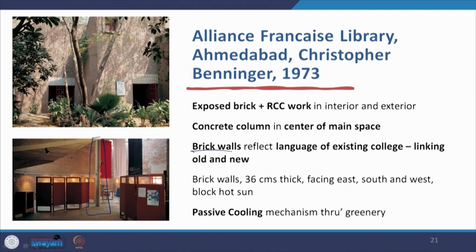Now the exposed brick walls also reflect the language of the existing college. There is an old college to which this library building is a part of that bigger older campus, and so it is linking the old with the new.